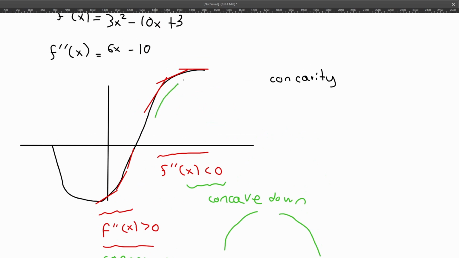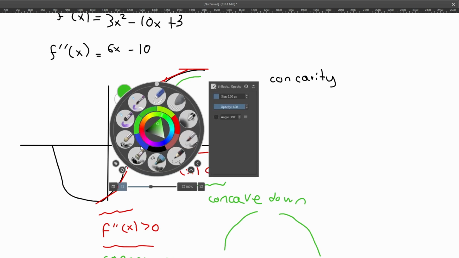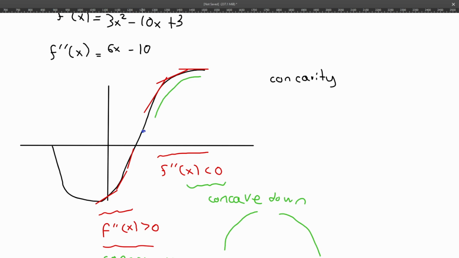And just like for the derivative, where the point at which the sign of the derivative changes is the turning point, we also look at the point at which the sign of the second derivative changes, so where the function goes from concave up to concave down. For example, it would be around this point right here. We call this point the inflection point, or the point of inflection.